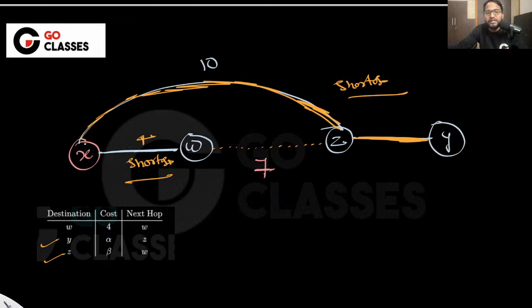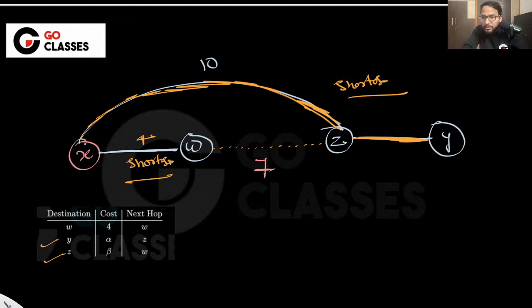Okay, so you are saying that 7 is not possible. Why is that the case? So what will happen if I put this 7 here?